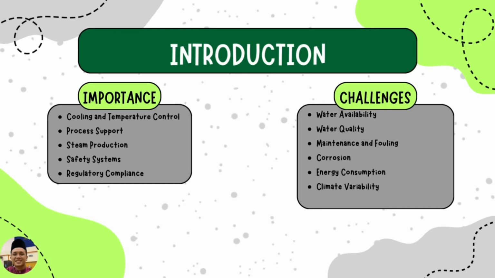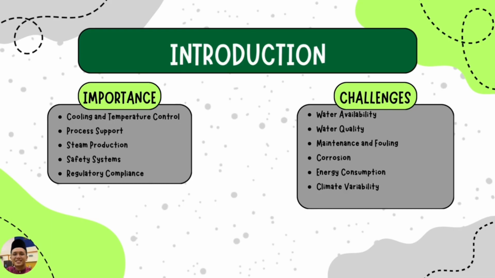Water is essential for many refinery processes, such as cleaning, heating, and chemical reactions. And then, for steam production, refineries use water to produce steam for power generation and heating. Also, for safety systems, water is crucial for fire suppression systems and emergency cooling.